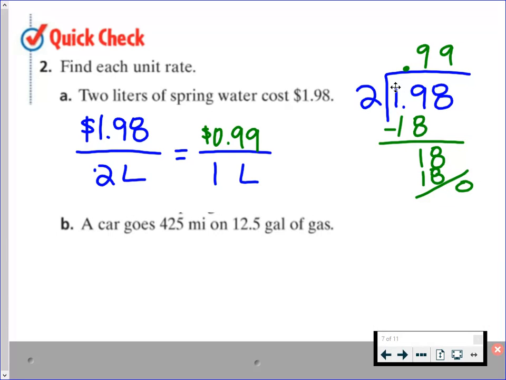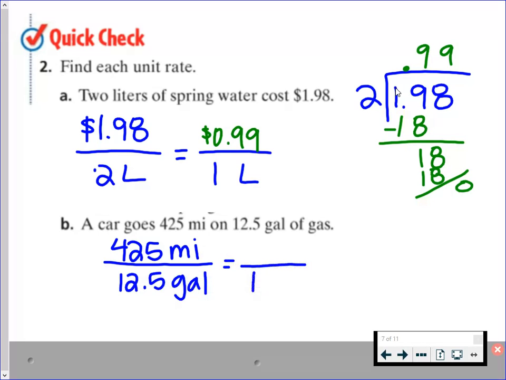I mentioned this one a moment ago. A lot of times when you're buying a car, you want to know how far it can drive for 1 gallon.